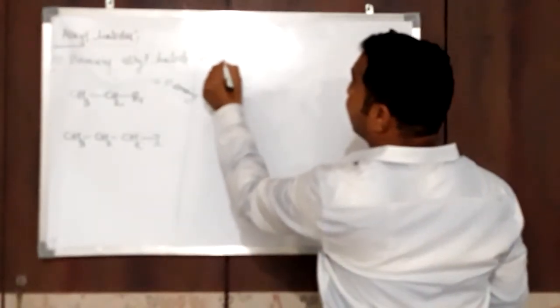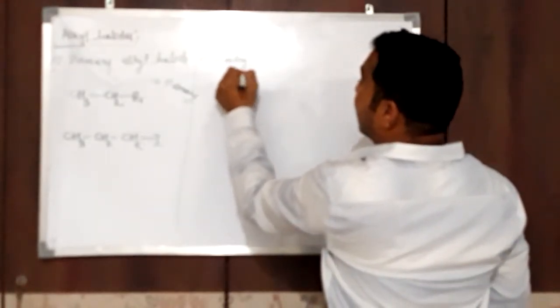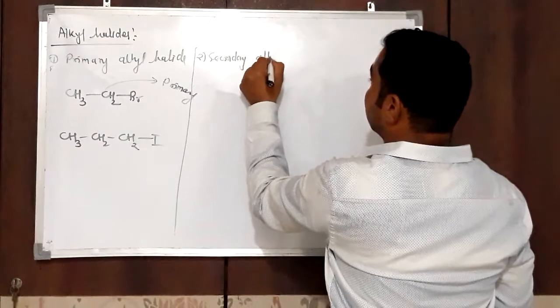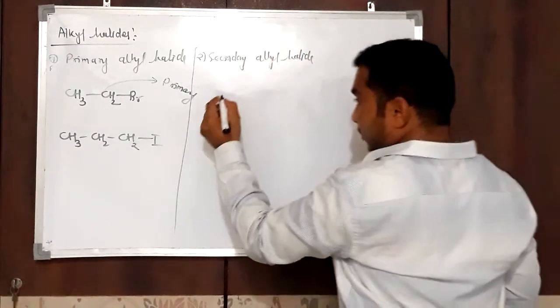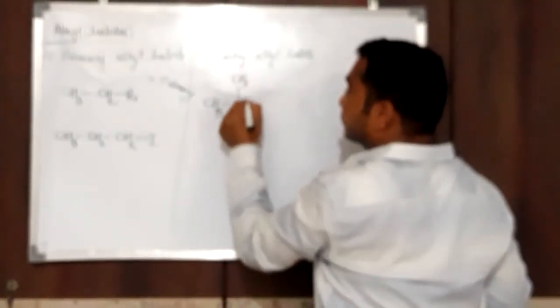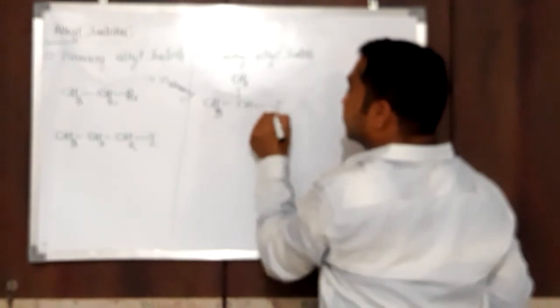Then secondary alkyl halide. What is secondary alkyl halide? See, a very simple example, CH3, isopropyl iodide.